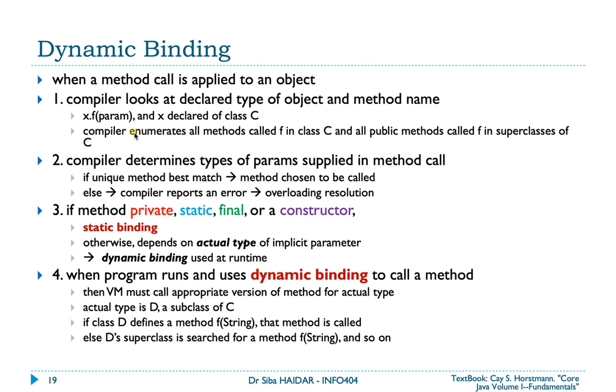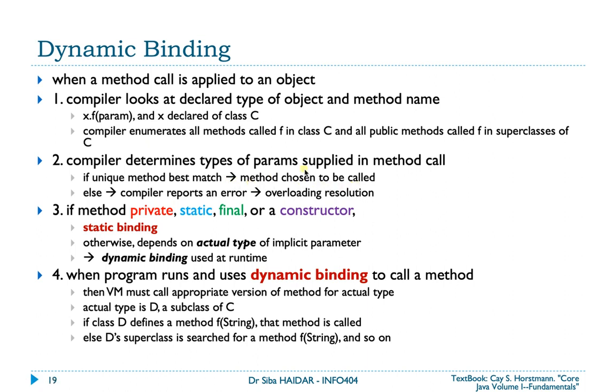Then the compiler determines, second, the types of parameters applied in the method call, because you all know about overloading. Maybe there is a method called f, but that does not take the parameters needed. So, if a unique method best matches, this method is chosen to be called.